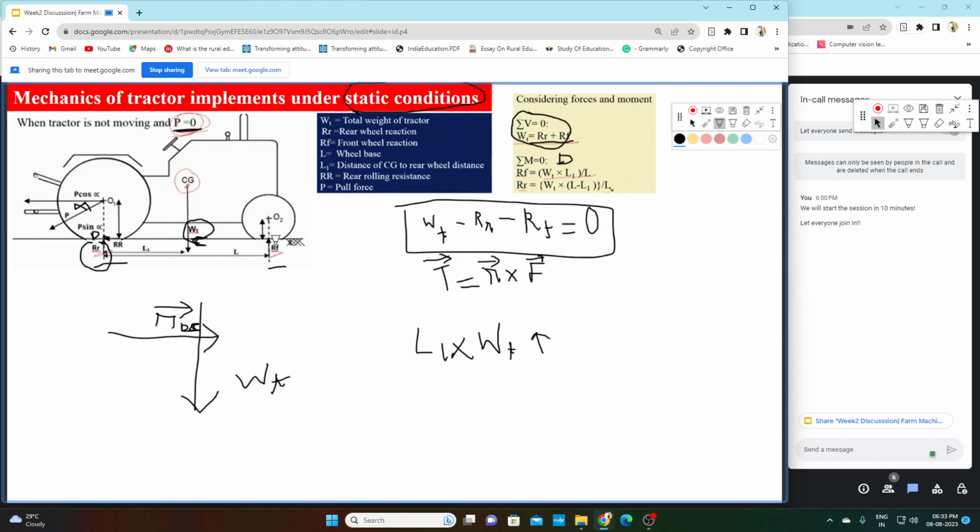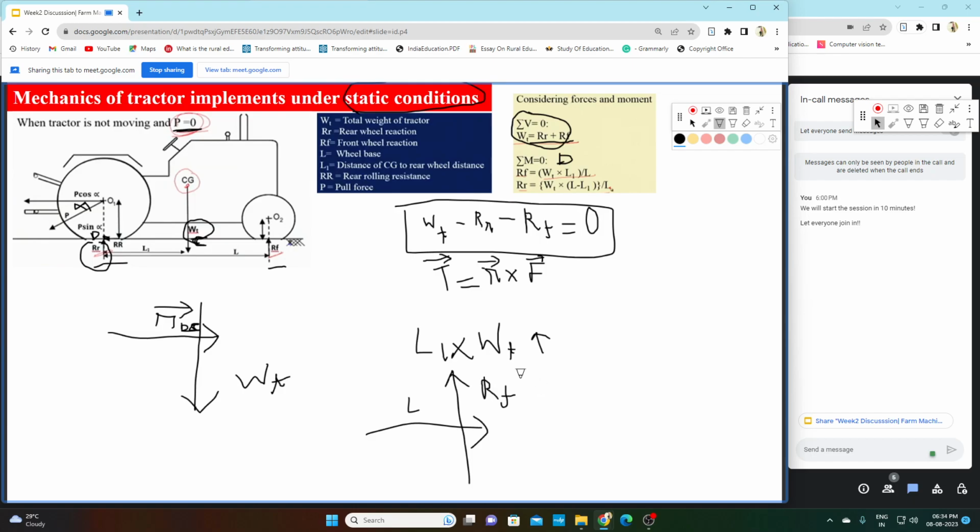Now another force, that is RF. For RF again you will take distance DO2. So DO2 into RF, but here see the direction. This DO2 is nothing but L. And the reaction is in the upward direction, RF.